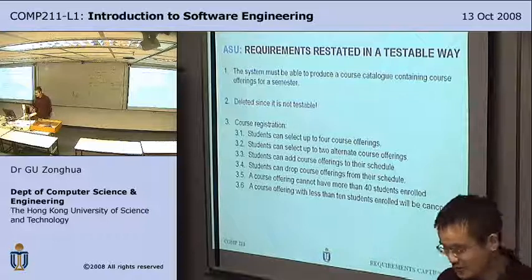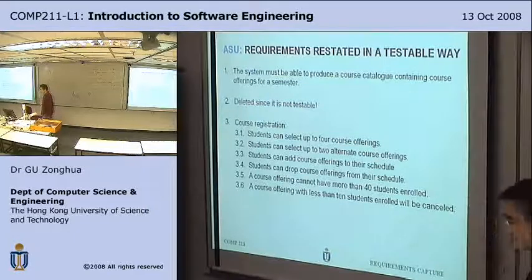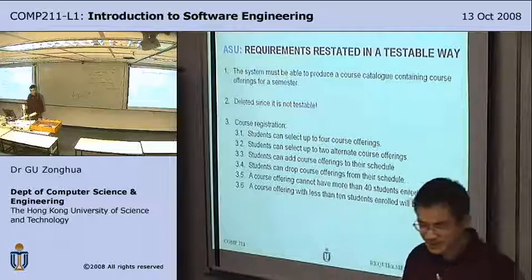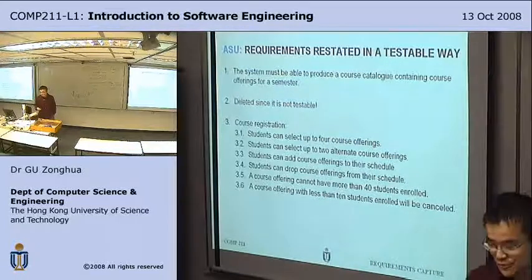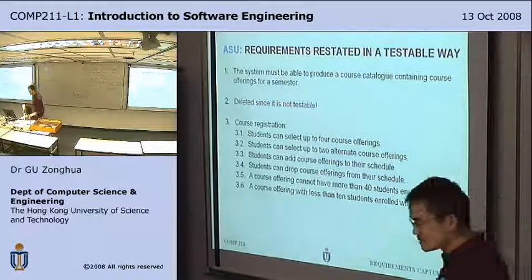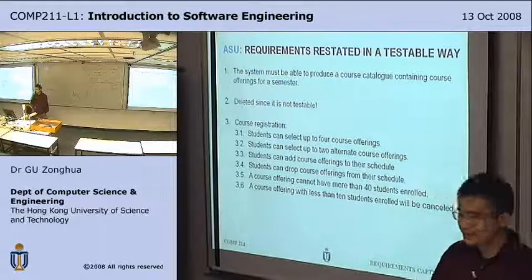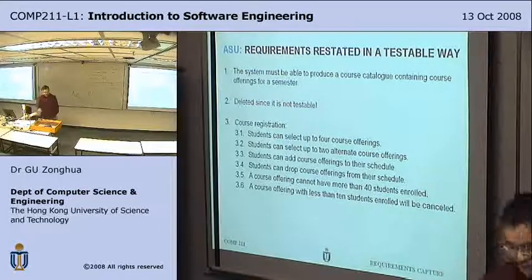So you turn it around to a different perspective: the system must be able to produce. Then you can test it by actually letting the system produce a course catalog. Could be just a screen display, could be a PDF file, could be something else.